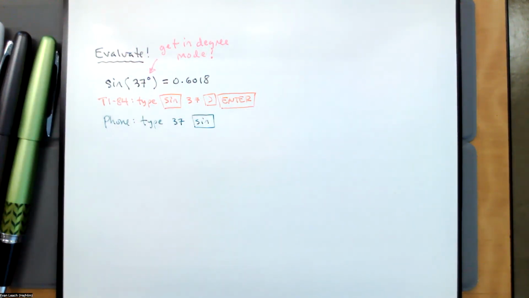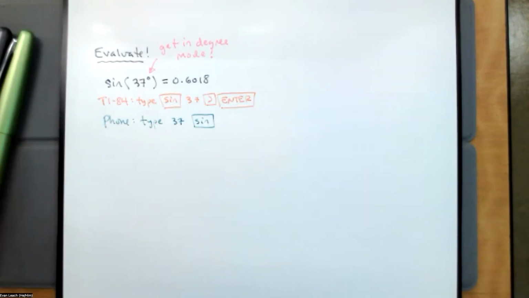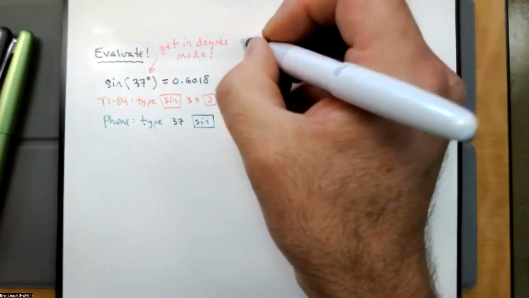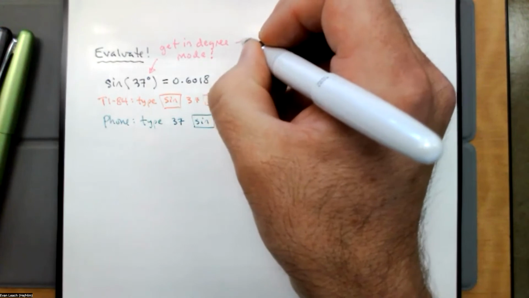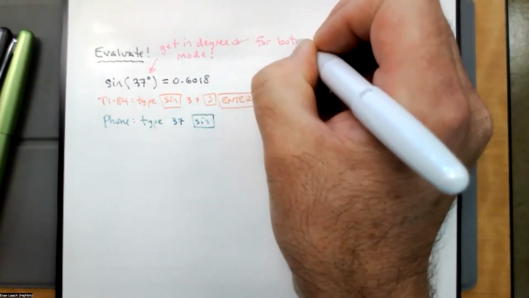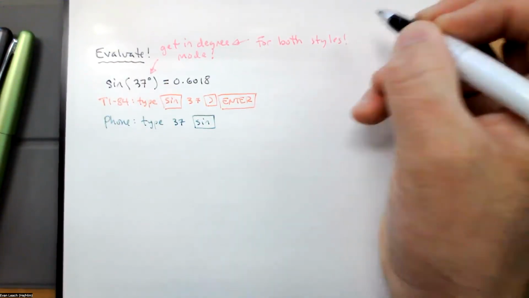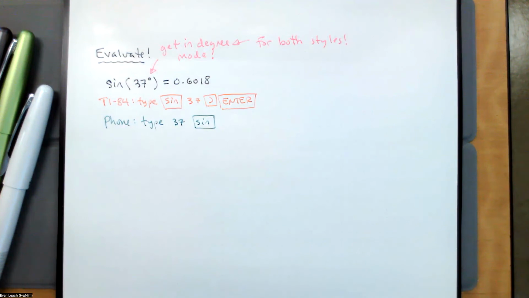We don't even have to press enter or equals, but we do have to make sure that we are in degree mode. And that applies to both sides.